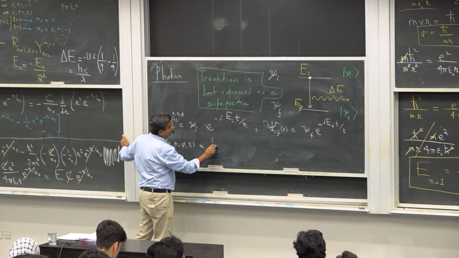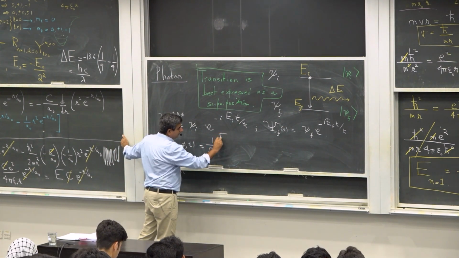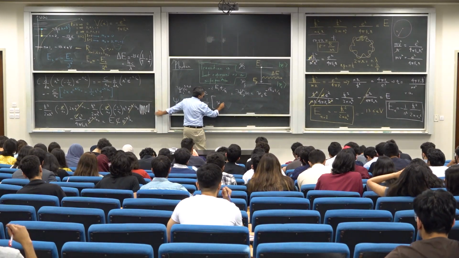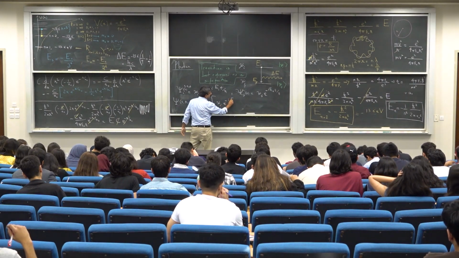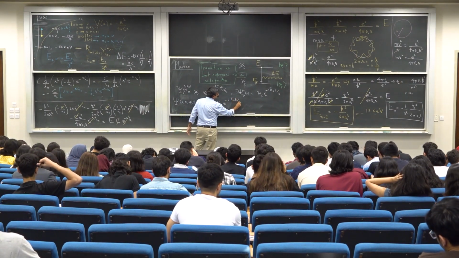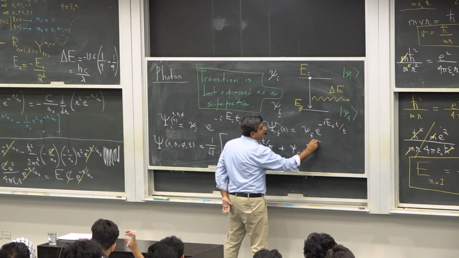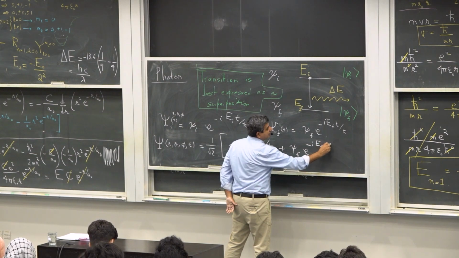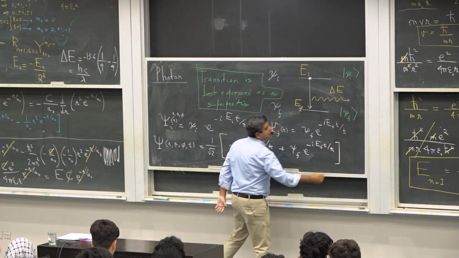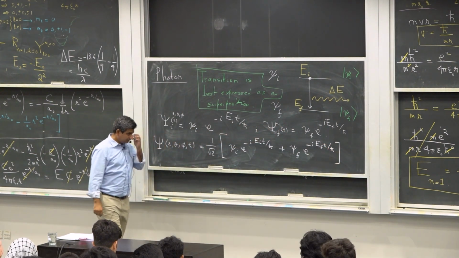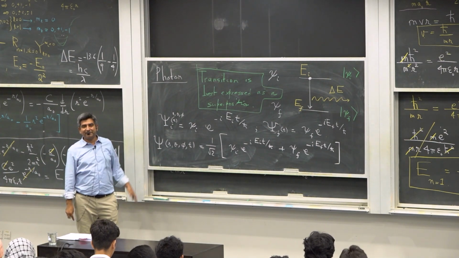So this is 1 over root 2 times psi i e to the minus i E i t over h bar plus psi f e to the minus i E f t over h bar. Correct. This is the superposition.